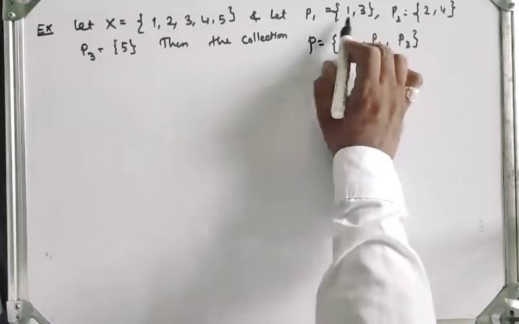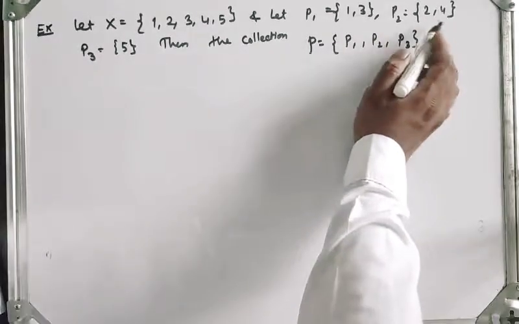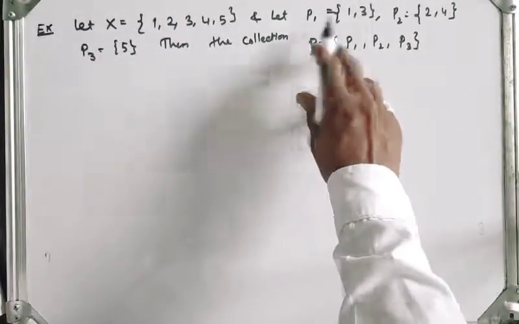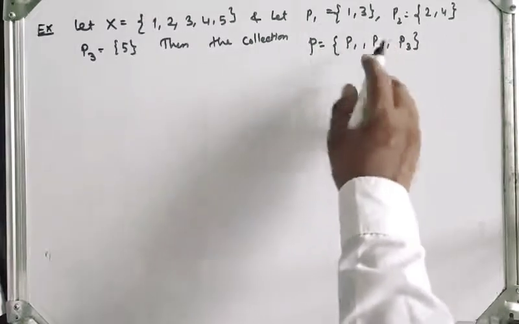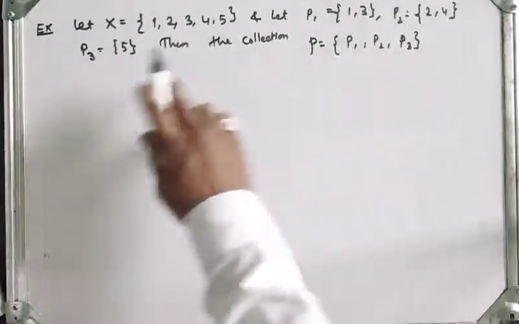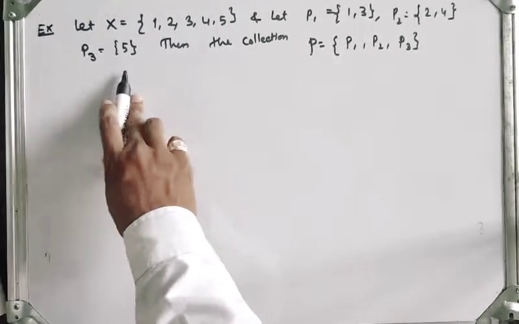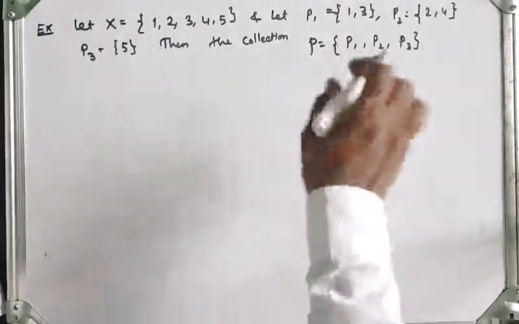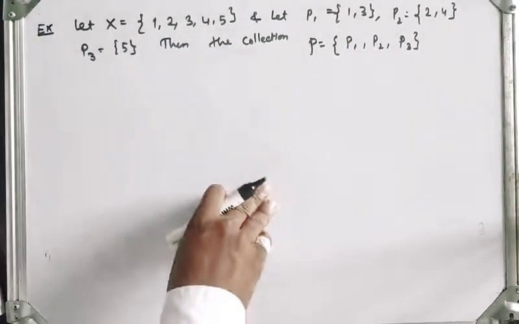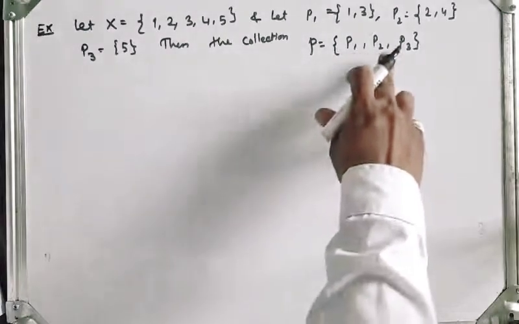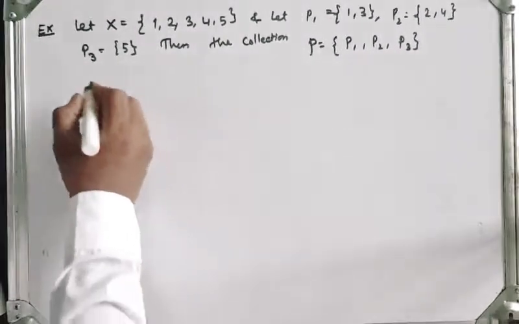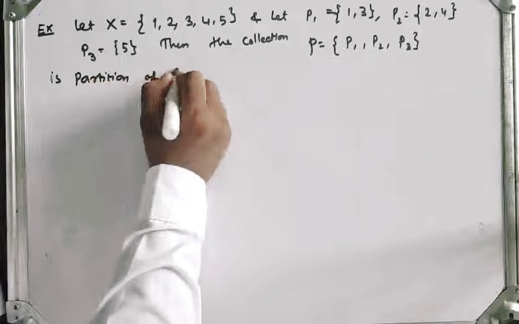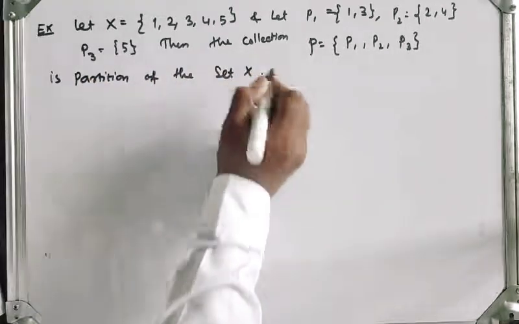Because P1 has elements 1, 3, P2 has elements 2, 4, P3 is the singleton 5, the intersection of P1 with P2 is empty, and P2 intersection P3 is the empty set. So our two properties are satisfied here: the union of P1, P2, P3 is X and their intersection with respect to the other sets is empty. Therefore P = {P1, P2, P3} is a partition of the set X.